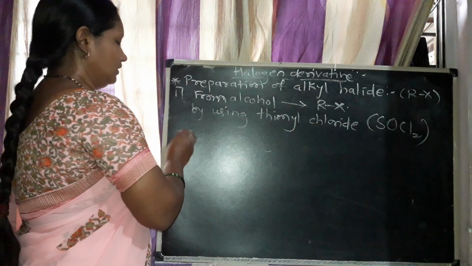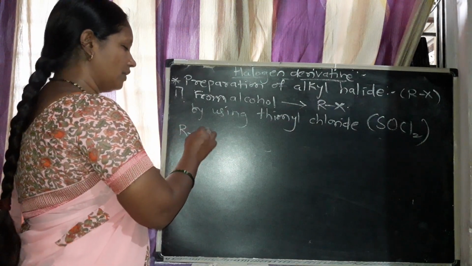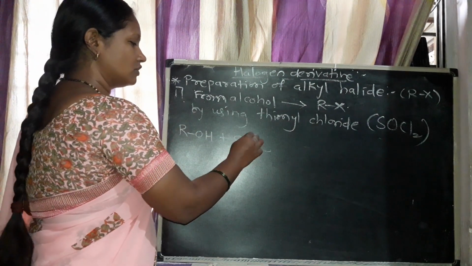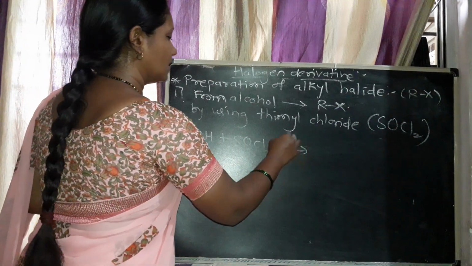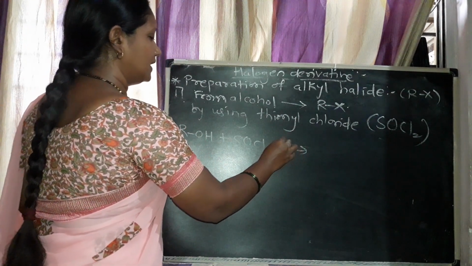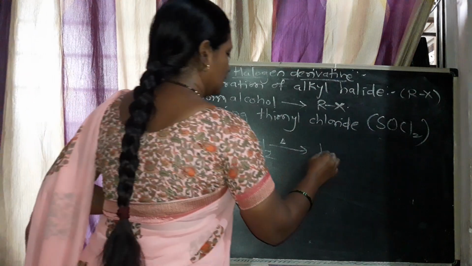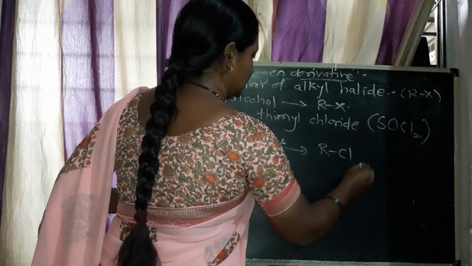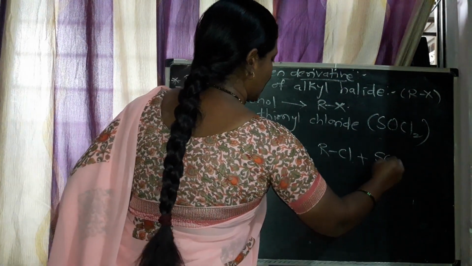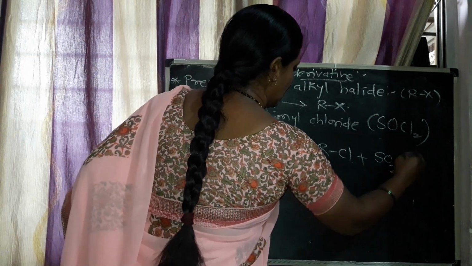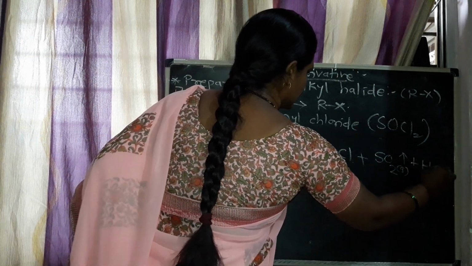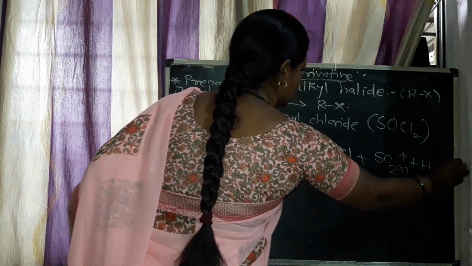Now the general reaction: ROH plus SOCl2 on heating. Here is the formation of RCl, alkyl halide, plus byproducts SO2 gas plus HCl gas.